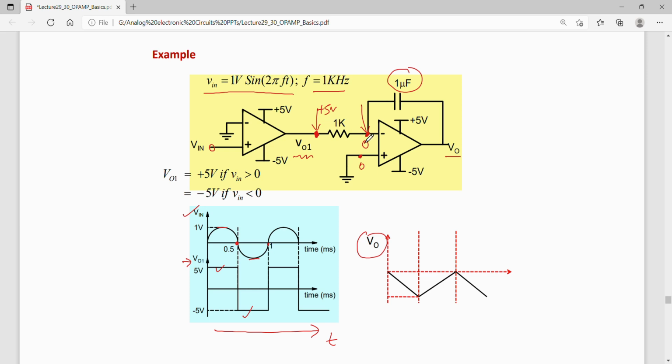For those 0.5 milliseconds, this op-amp will try to bring this node to 0, because this is a virtual ground.